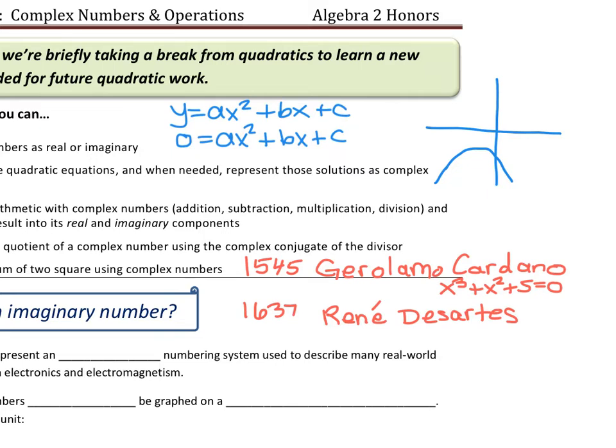So since 1637, humans have been calling these types of solutions imaginary ever since. But just a fun fact here: if you've ever heard of the Cartesian coordinate plane, the XY coordinate plane that we use, it has been for years called the Cartesian coordinate plane, and that was developed by René.